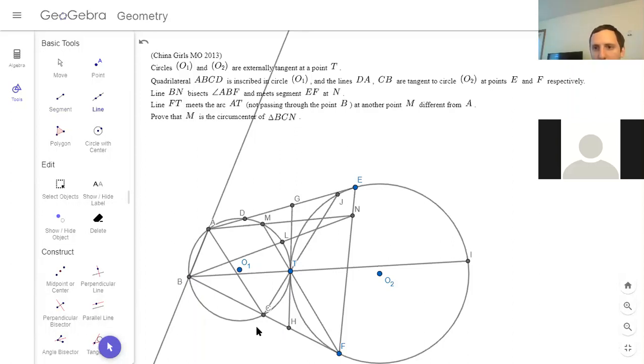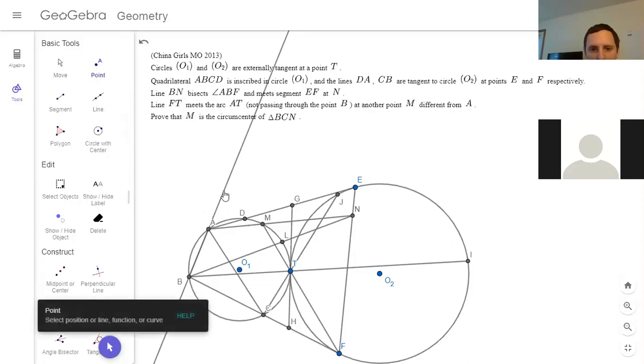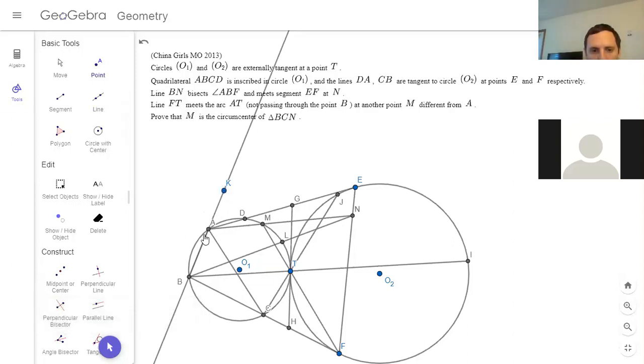Wait, if M, wait. So N is the excenter. So yeah, this has to be an angle bisector. AN bisects. Yeah, I think we could probably do an angle chase to show that, if we can show that.